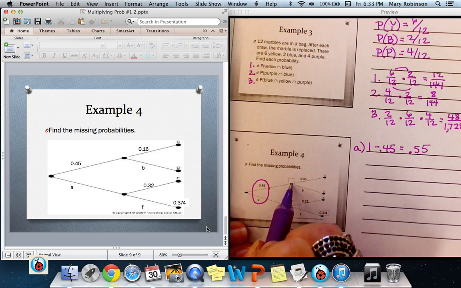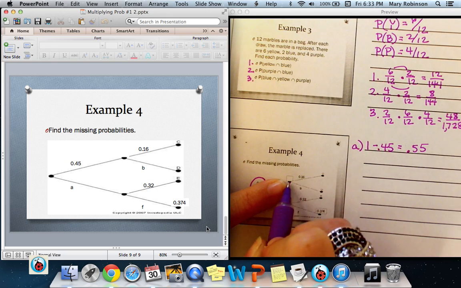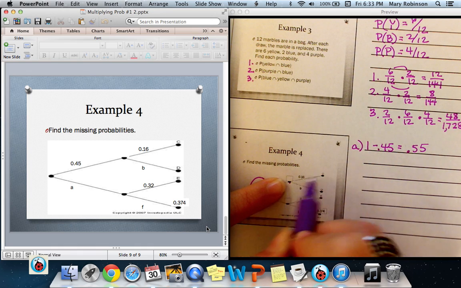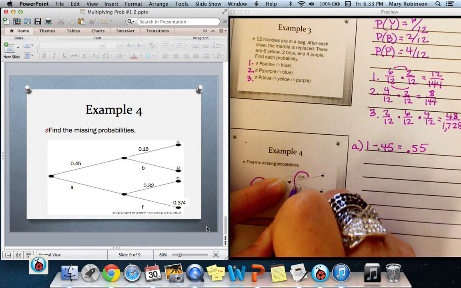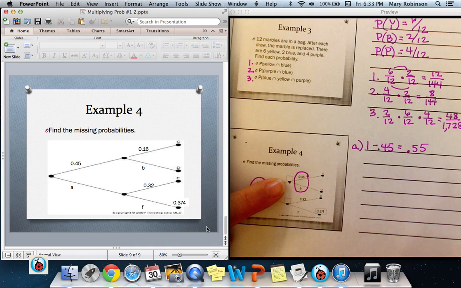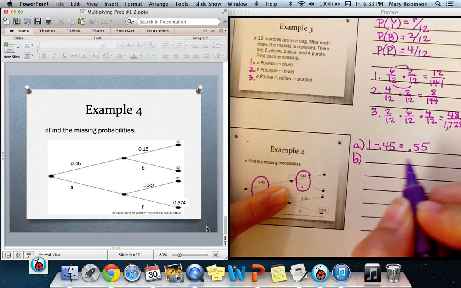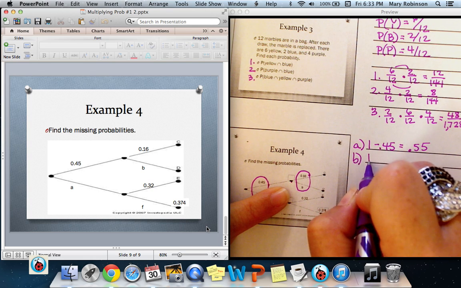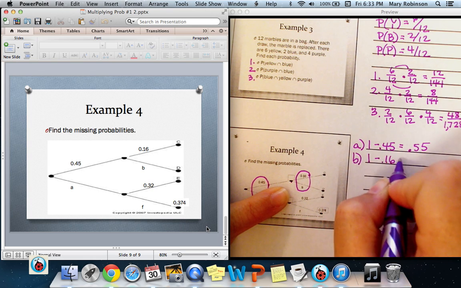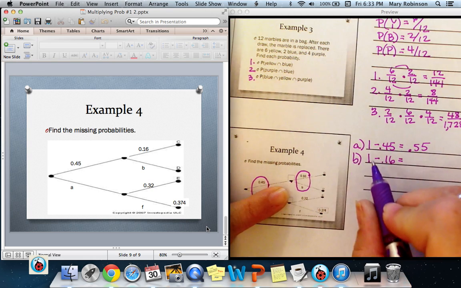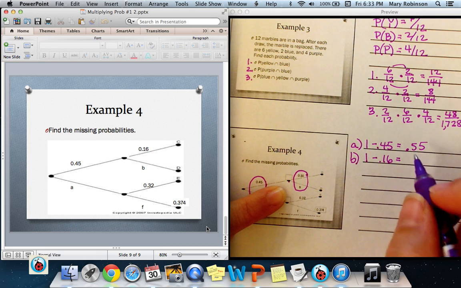Likewise, even after this happens, these 2 events will occur. So that means that these have to have a sum of 1 also. So to find B, we would say 1 minus 0.16, or think about it as $1 minus 16 cents.